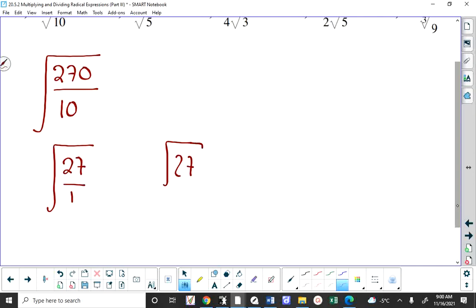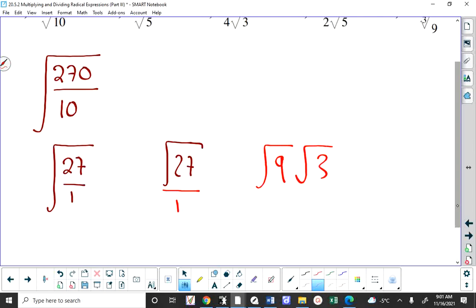Have we divided coefficients by coefficients, or can we continue to do so? We're done. We've already divided the radicals. There's no denominator that has a radical. I don't know why you would put a denominator here, but if you did, you would put the number 1 in it. The only thing left is, can we simplify root 27? And root 27 is root 9, root 3.